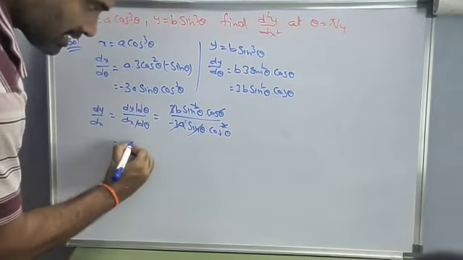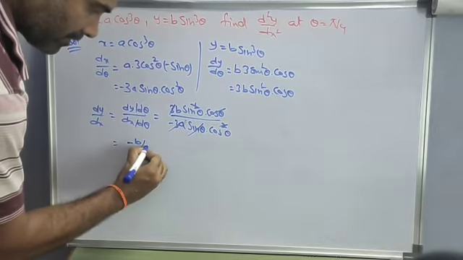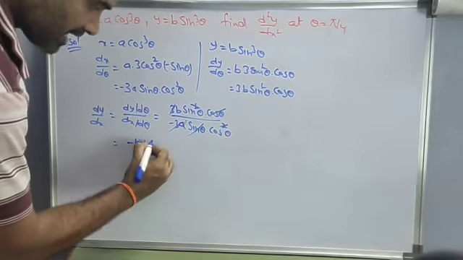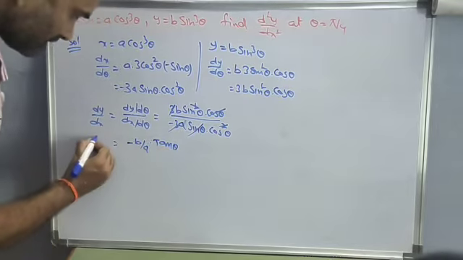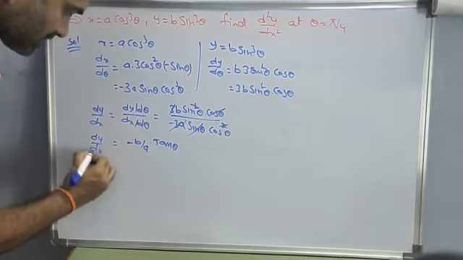So my answer is minus b by a sin theta by cos theta. I can take that tan theta. So this is the dy by dx value.